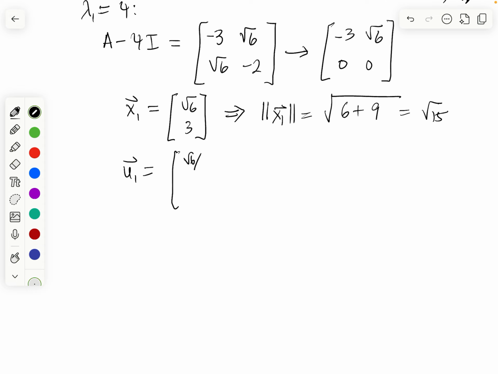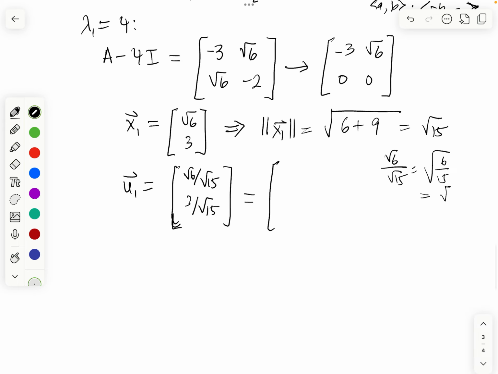So I'll write this as root 6 over root 15, 3 over root 15, and I guess it's a little better to simplify this. The first one is root 6 over root 15. That's root of 6 over 15, which is the square root of 2 over 5, which you can write as, if you multiply top and bottom by root 5, root 10 over 5.